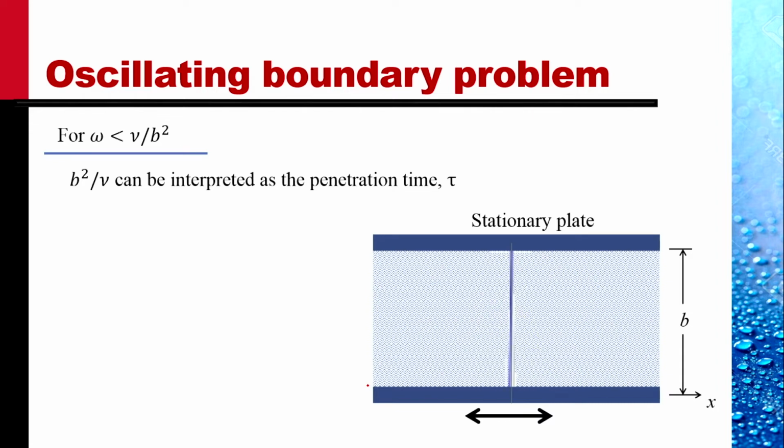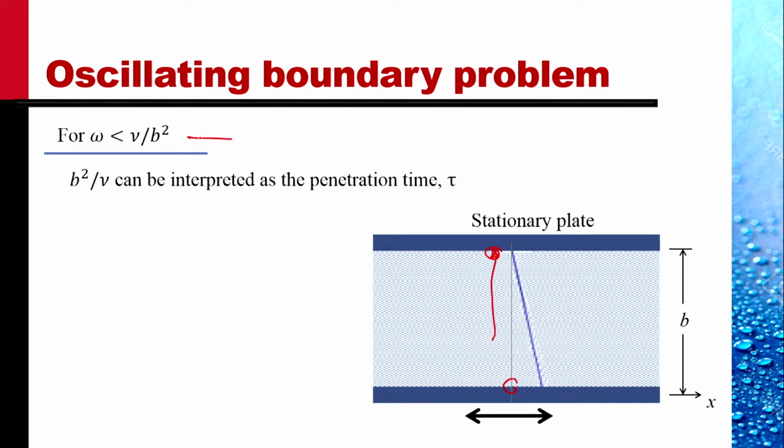So, we consider the penetration time tau, the time it requires for the change of velocity at the lower plate to penetrate up to the upper plate. That is, time required for the velocity fluctuation at the lower plate to penetrate right up to the upper plate.